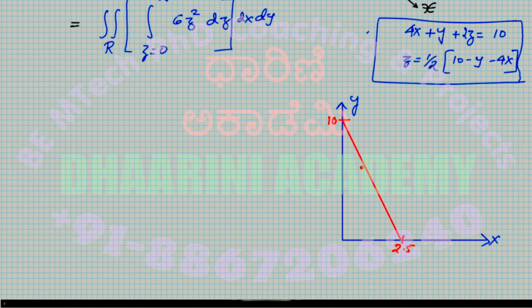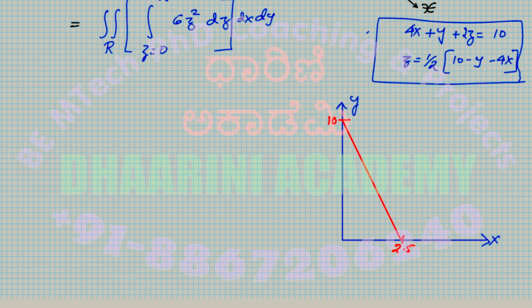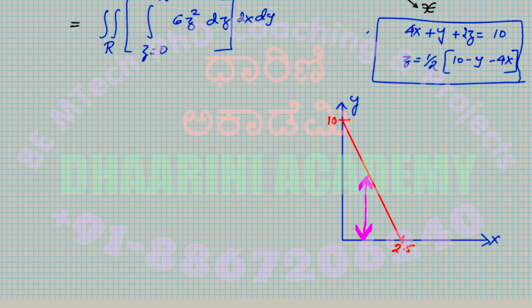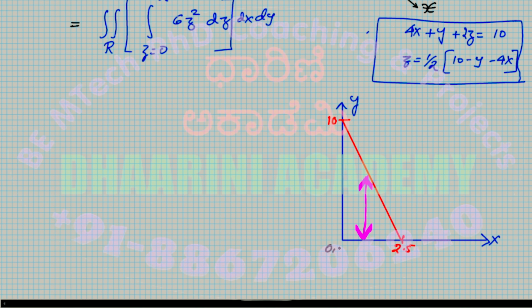Okay, now what do you want? It's a simple problem. This is a double integral, correct? What I do, you simply have to consider a strip. I'll consider a strip like this. So the bottom end is on the x-axis. Let me write the coordinates first. What is this coordinate? 0, comma 0. This is 2.5, comma 0.